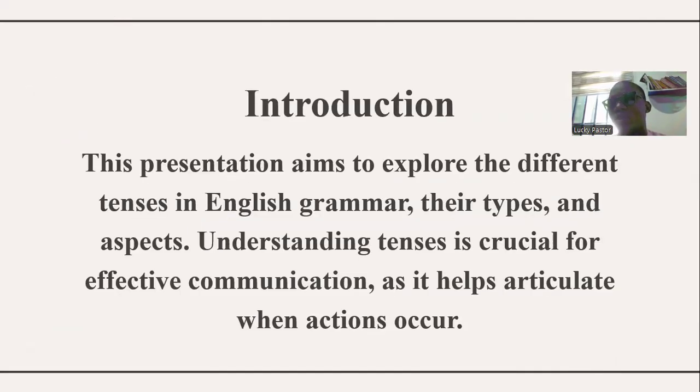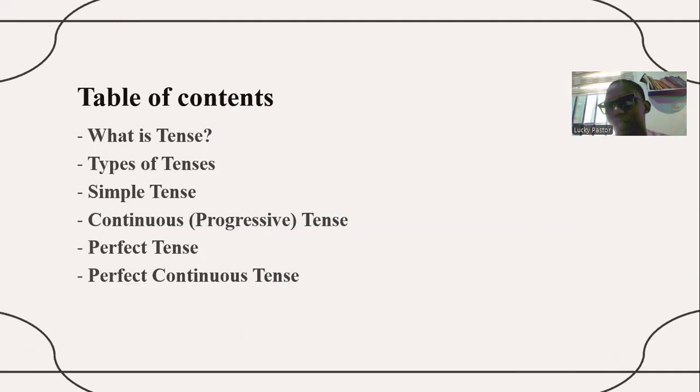So this presentation, like I said before, aims to explore the different tenses in English grammar, their types, aspects, and of course, to help you understand the importance of understanding tenses in the English grammar. Now, what are we going to be looking at in this lesson?